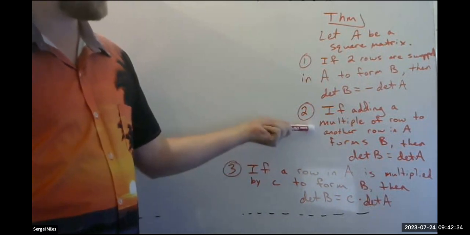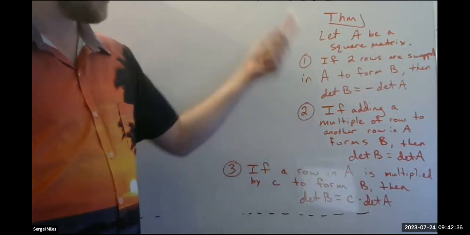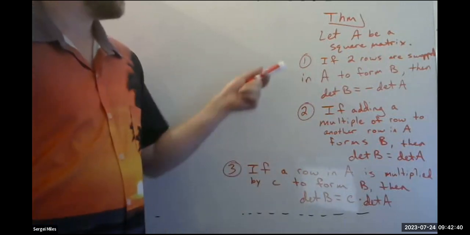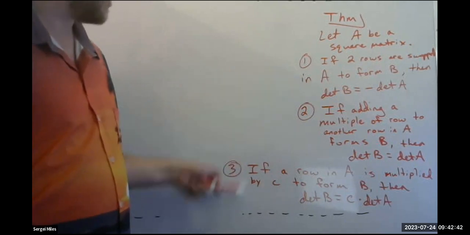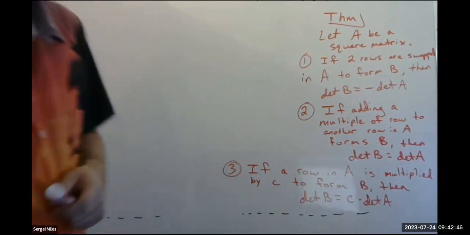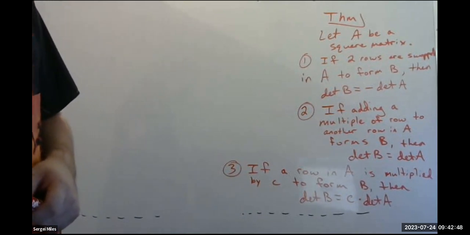So if you're only doing these kind of row operations, nothing changes, and you don't have to remember any complicated rule. It's only if you do one of these other matrix modifications that you have to be more careful. All right, so let's see an example.